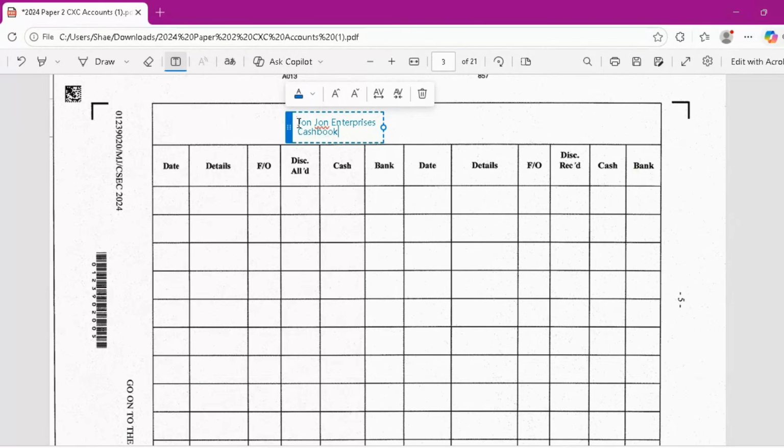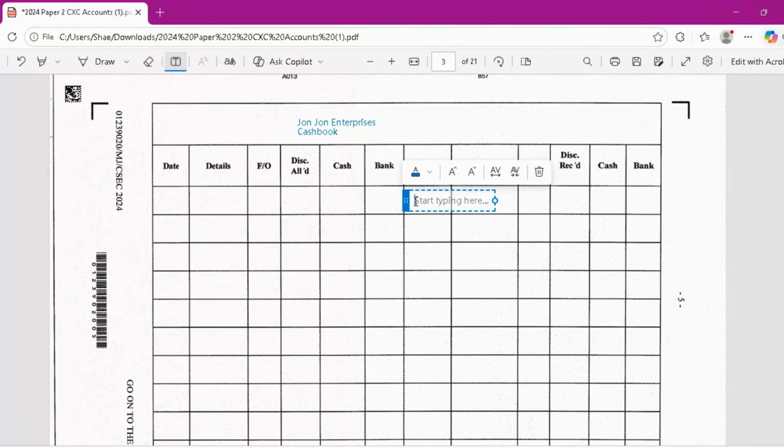And then on the credit side, we're going to make note that there was an overdraft.